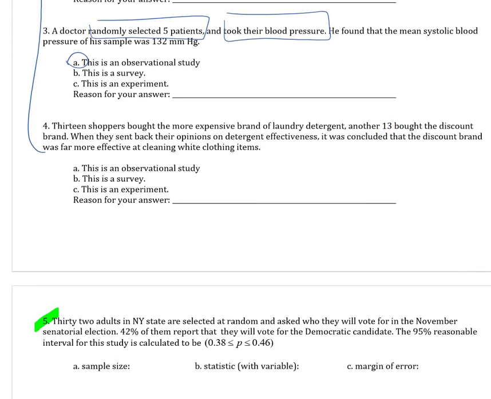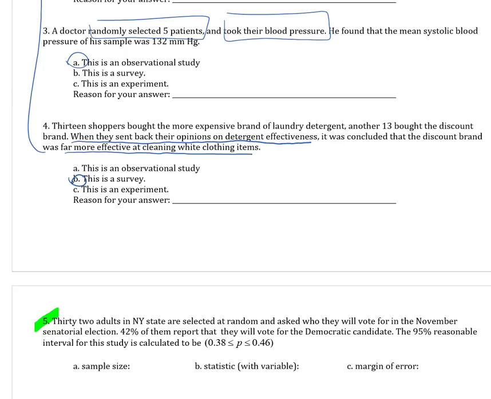And lastly, 13 shoppers bought more expensive brand of laundry detergent. Another 13 bought the discount brand. When they sent back their opinions on detergent effectiveness, it was concluded that the discount brand was far more effective at cleaning white clothing. This sounds like an experiment, but it's really just a survey. You didn't randomly assign people to try 2 different types of detergent and get their input.